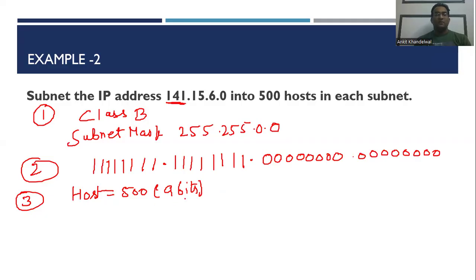So we have total 9 bits. Now what will we do? We will preserve 9 bits from the back side, we won't change those 9 bits, and the rest of the bits will be changed to 1. So from the back side, we count total 9 bits. These are the total 8 bits.